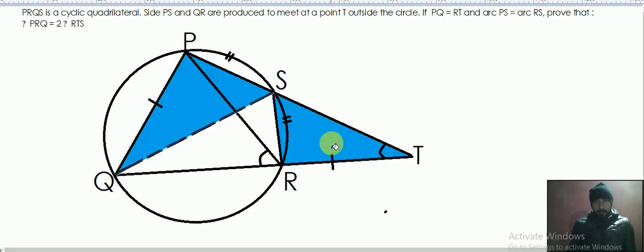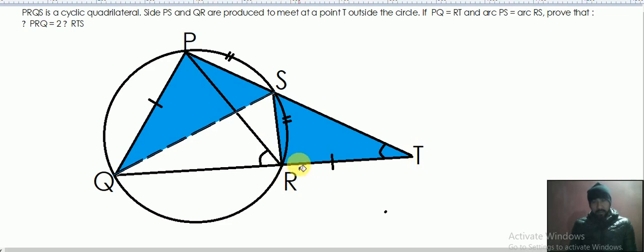All of you look at these two triangles. In these two triangles you can see side PQ is equal to side RT. Similarly, side PS is equal to side SR. Now we just need an angle. The angle made by the sides QP and PS is angle QPS, and the angle made by SR and RT is angle SRT.